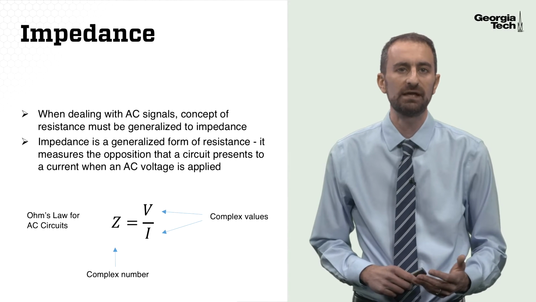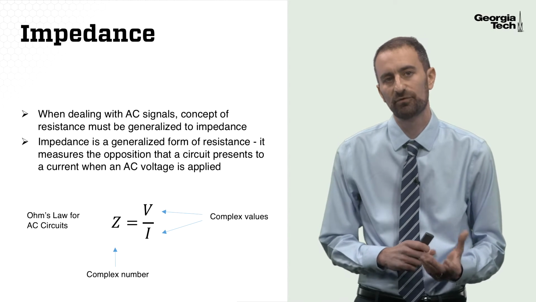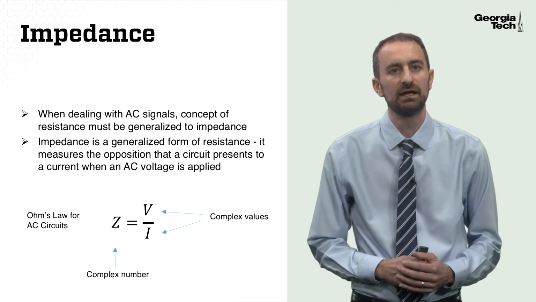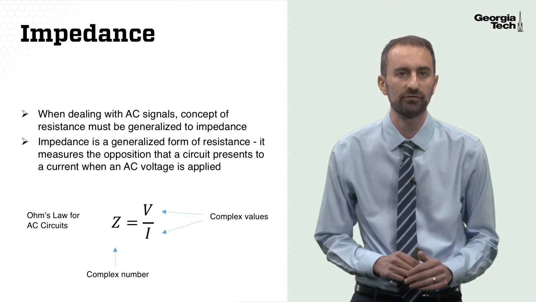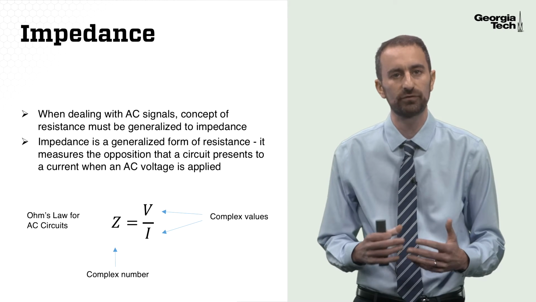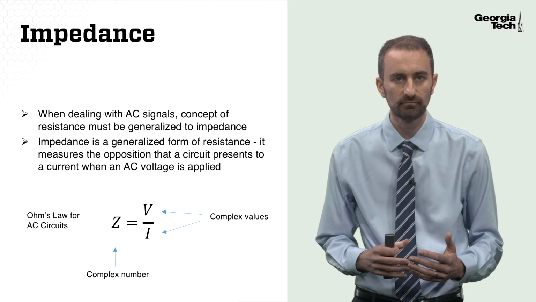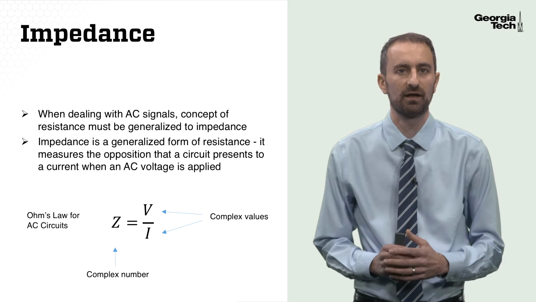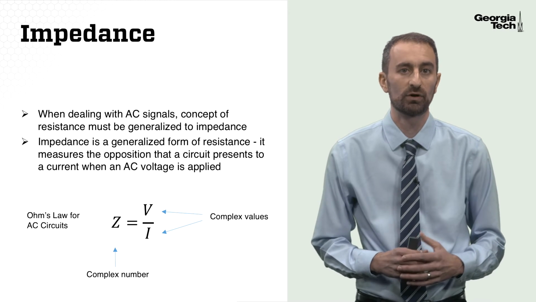When dealing with AC signals, the concept of resistance has to be generalized to something called impedance. Impedance is a generalized form of resistance that applies to AC signals. When we have an AC voltage in a circuit, then impedance measures the opposition that the circuit presents to a current.